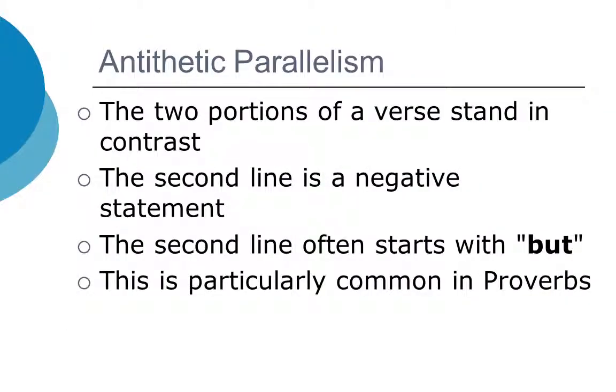Okay, so let's talk about the second kind of parallelism which Bishop Lowth identified, and this he called antithetic parallelism. This is where the two portions of the verse stand not in repetition, but rather in contrast. And often the second line is a negative statement in relationship to the first line.